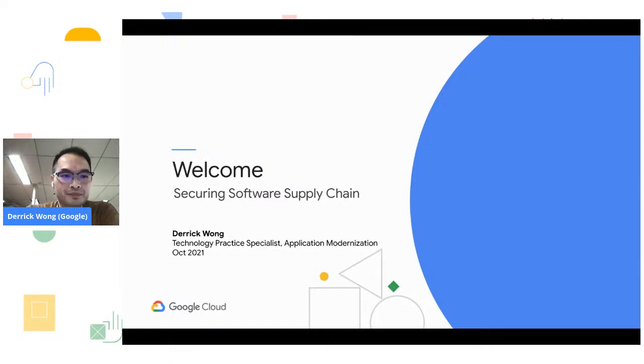So, as mentioned, today's session is about securing software supply chain, and there are two very important elements in this topic. The one is software supply chain, as lots of you may already know or using.